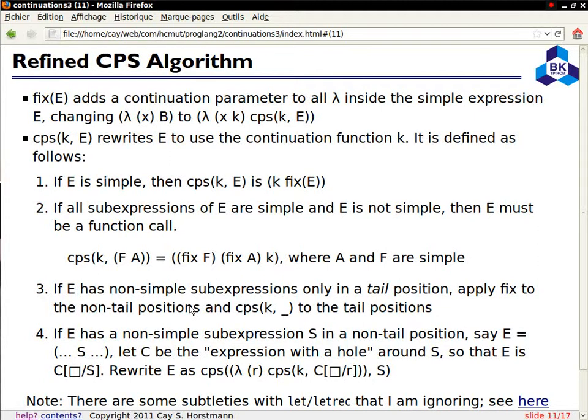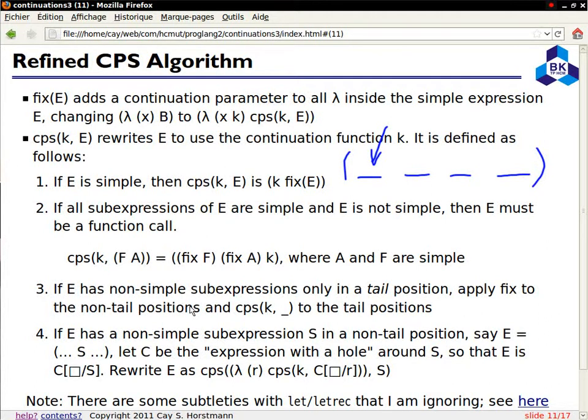I understood this at some point. So we have E, it's made up of a bunch of lists. We say everything simple, simple, simple, simple. Oh yeah, and then if E is not simple, that meant it had to have a function call in a non-tail position. And if everything else is simple, then that must mean that function call is simple.